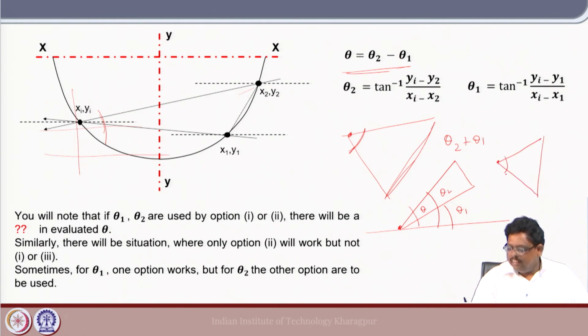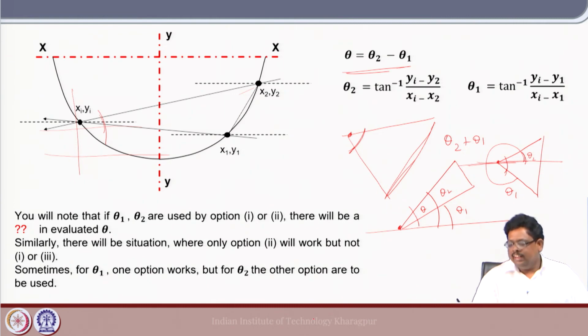Now, tell me, if I again do theta 2 minus theta 1, I do not get it, because suppose this is my axis. So, it is your theta 2, and if you take the same orientation, this is your theta 1.